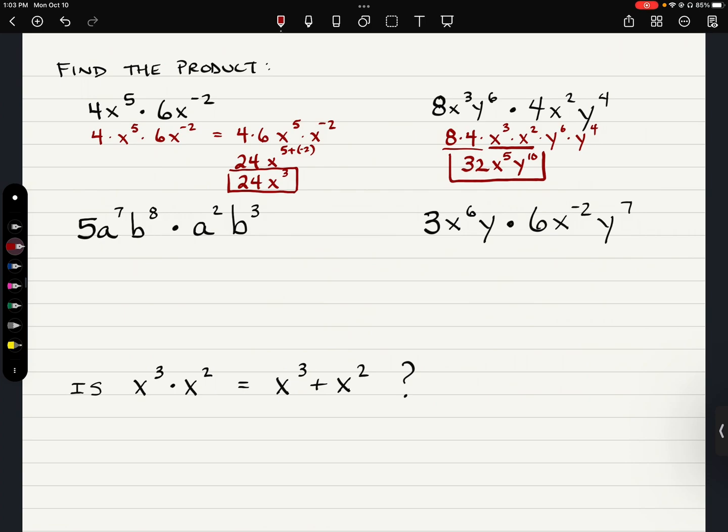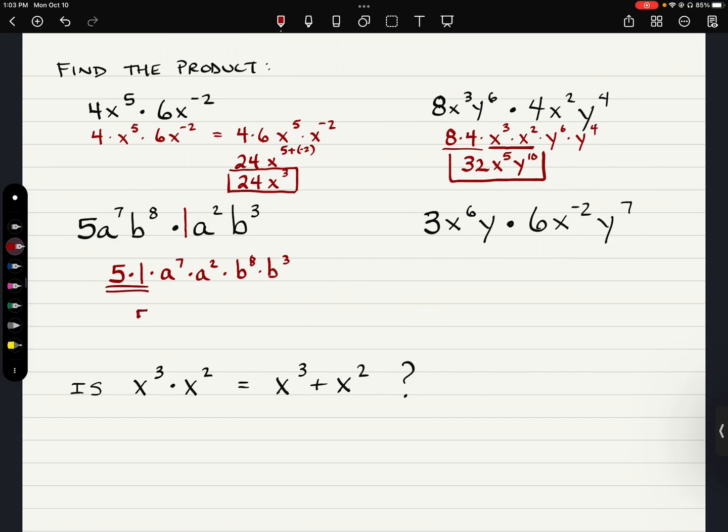Now we've got 5a to the seventh, b to the eighth times a squared, b to the third. And remember, this one just has a 1 in front of it, even though we don't write it. So as we look to go here, I could treat that as 5 times 1 times a to the seventh times a squared times b to the eighth times b to the third.